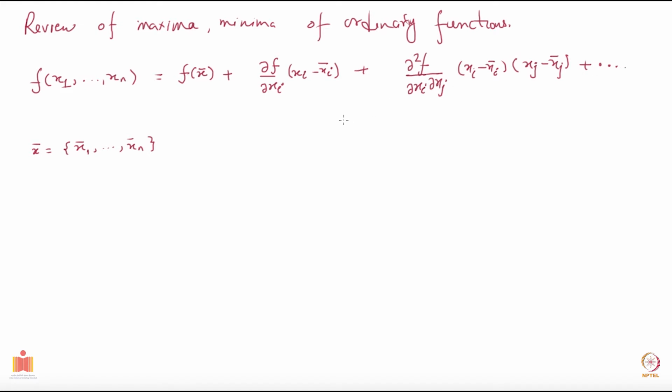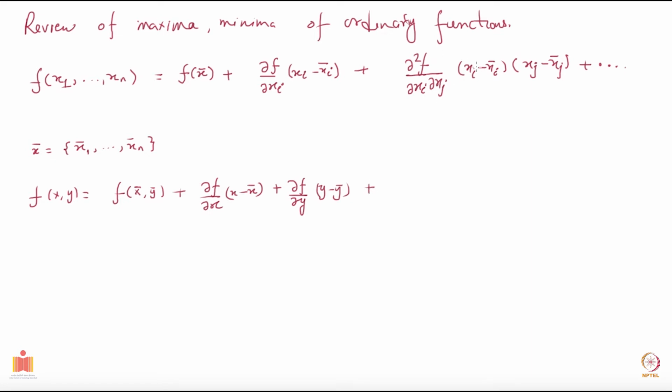And you can easily check that if you expand this for the case of two variables, you get f of x, y as, let me put, f of x bar, y bar, plus del f over del x times x minus x bar, plus del f over del y times y minus y bar.